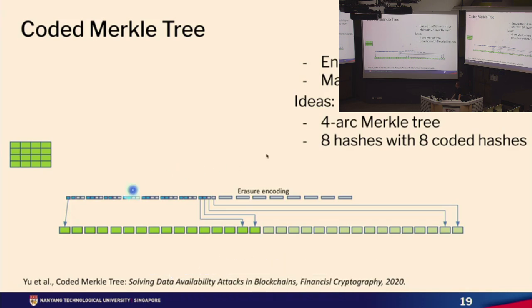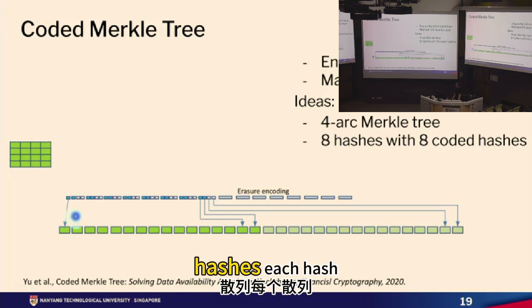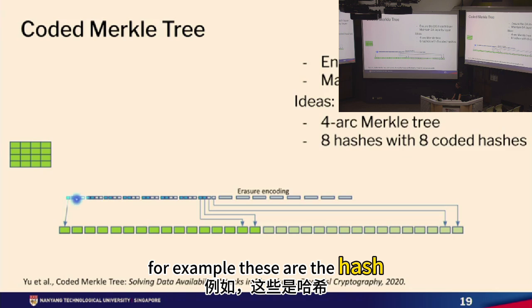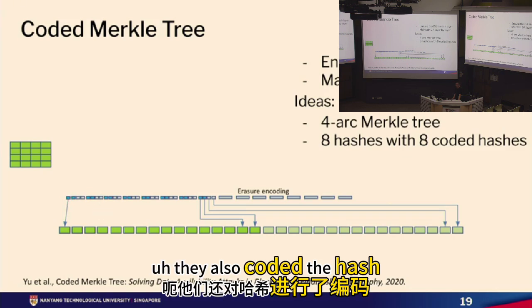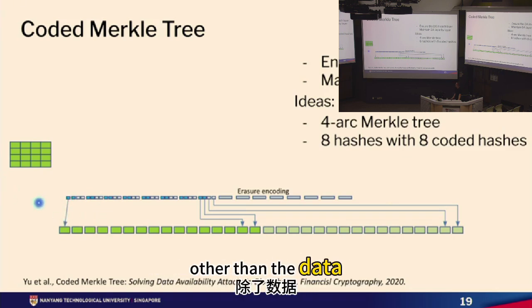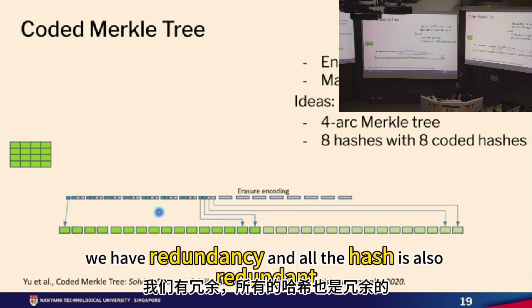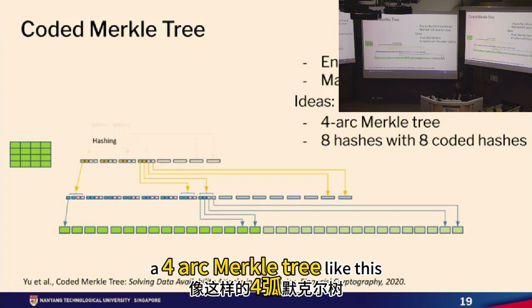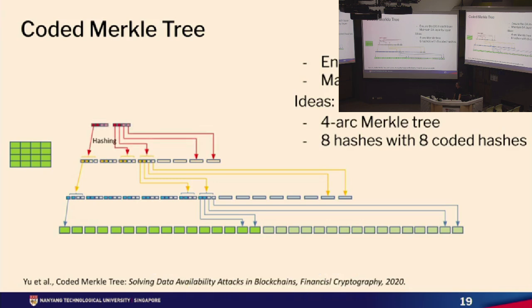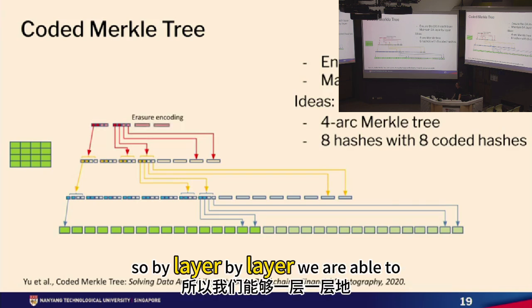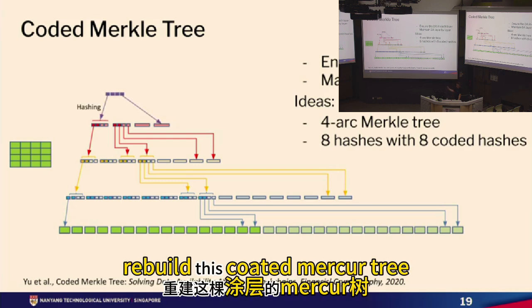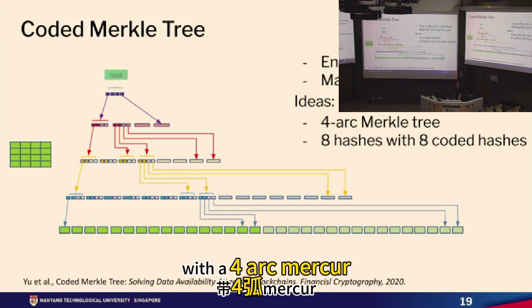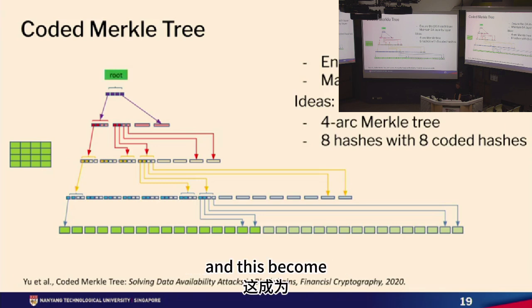Basically, each of these hashes is also coded. So other than the data having redundancy, all the hashes are redundant too. By doing this, we are able to build a 4-ary Merkle tree like this, and layer by layer we are able to rebuild this coded Merkle tree.